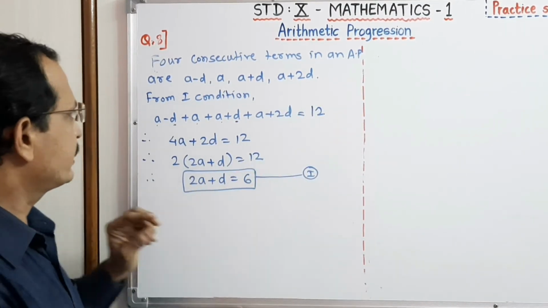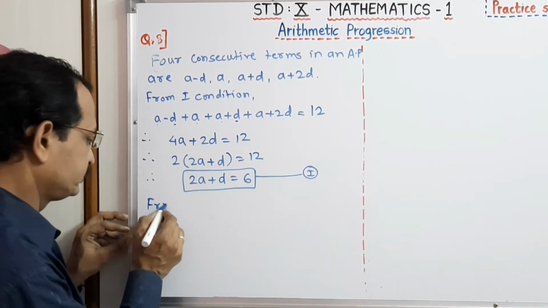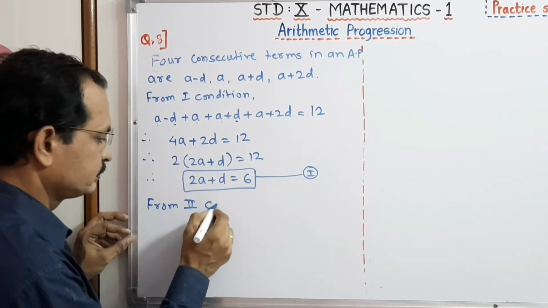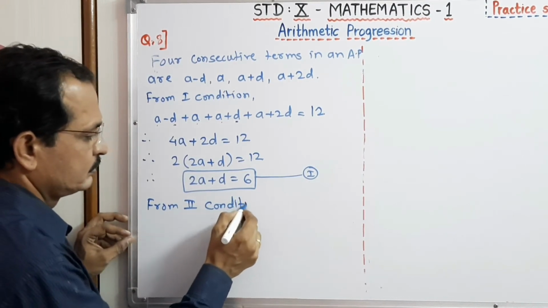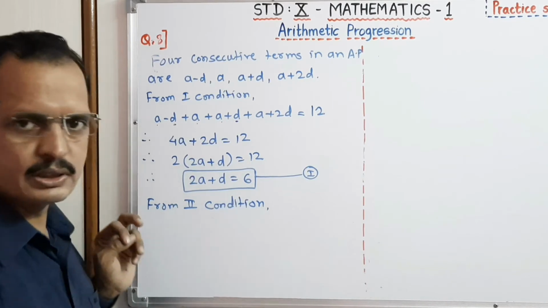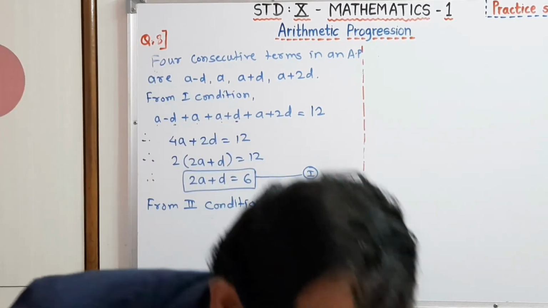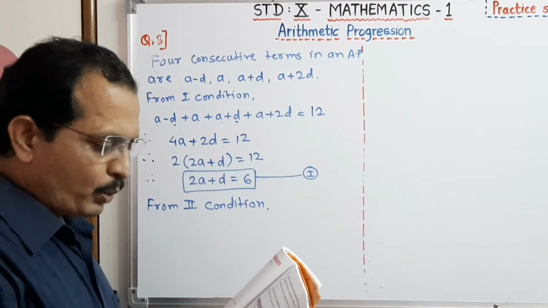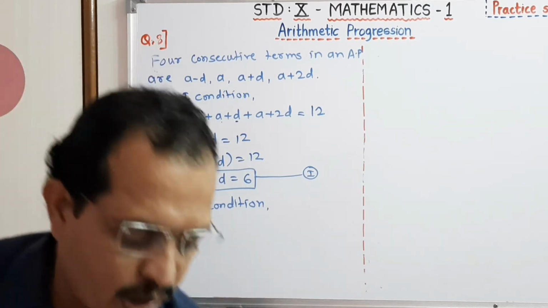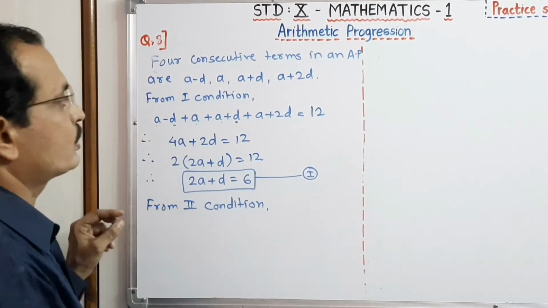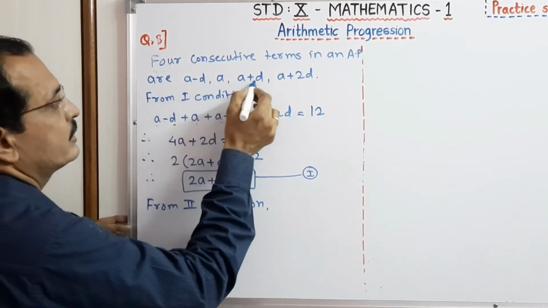Now the second condition. Now see what is the second condition. It is given the sum of third and fourth term is 14. Sum of third and fourth term. This is first, second, third and fourth.